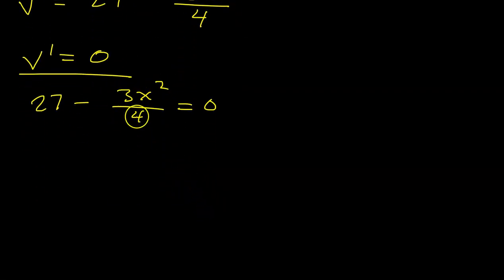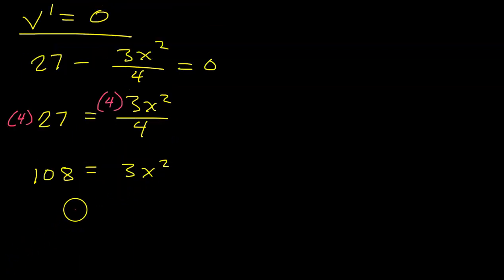Adding 3x squared over 4 to both sides, we'll get 27 is equal to 3x squared over 4. Multiplying both sides by 4, we get 108 is equal to 3x squared. And then if we divide both sides by 3, we get 36 is equal to x squared.